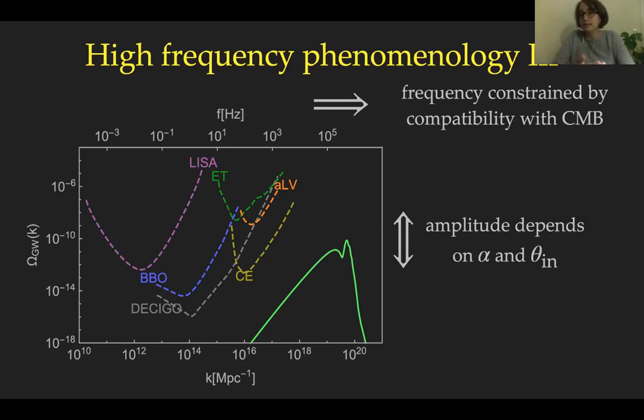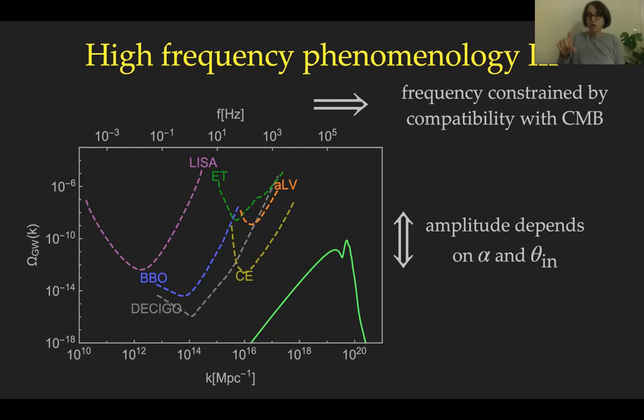With an enhanced scalar power spectrum, you have second order gravitational waves production. And here you can see the signal in green that I have numerically evaluated for the potential shown in the slide before. And so the amplitude of the signal depends in this case on alpha, so on the curvature of the hyperbolic field space, and on the initial condition on the angular field.